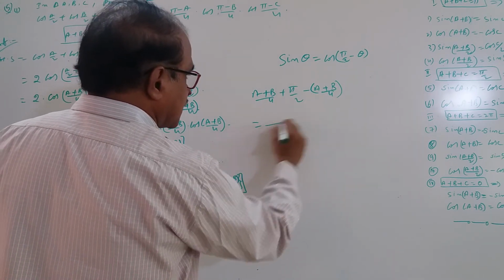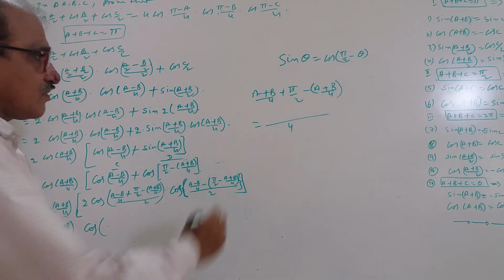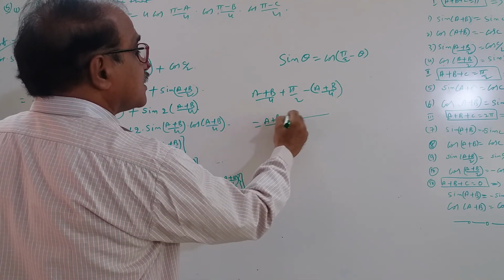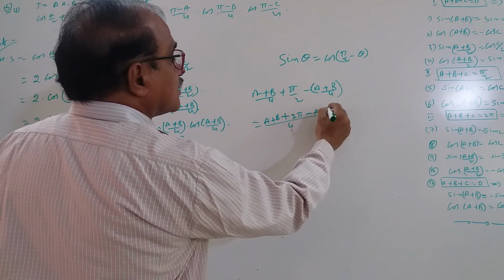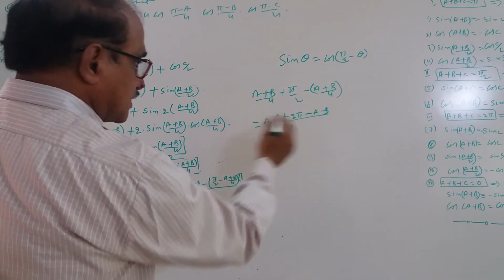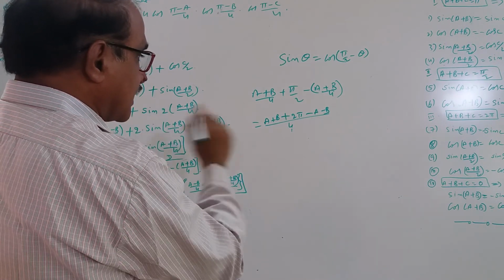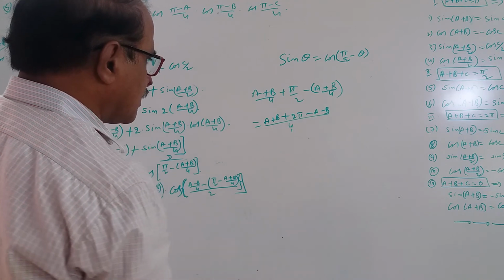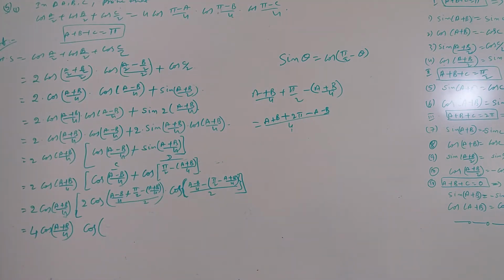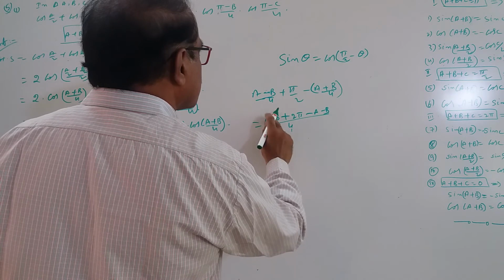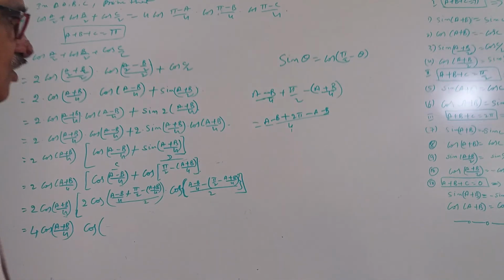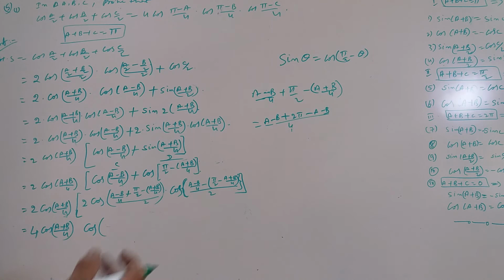By taking 4 as LCM, this can be written as A plus B plus 2 pi minus A minus B. B gets cancelled, A gets cancelled, so 2 pi minus 2B by 8.